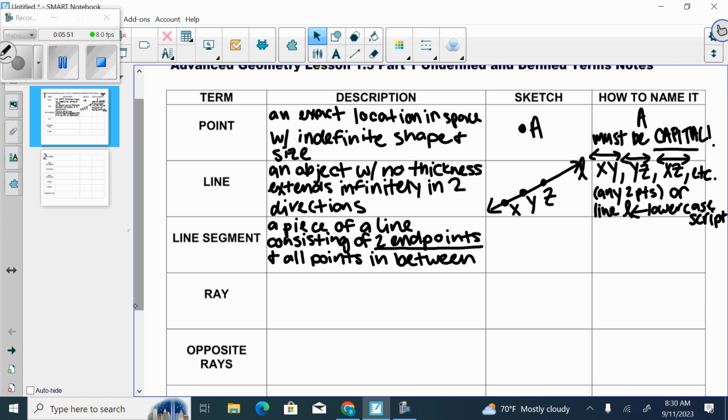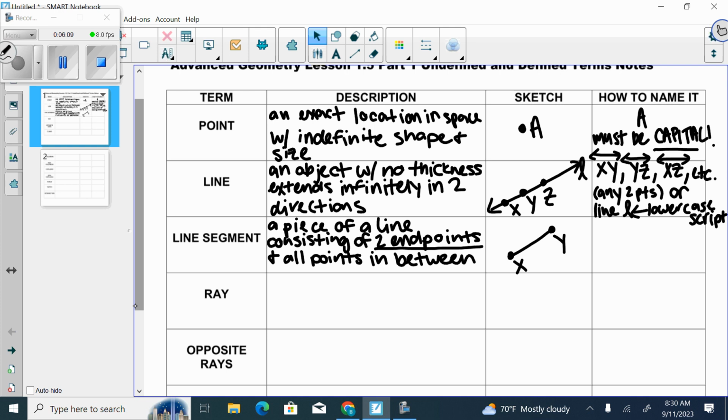Alright, so our line segment has 2 points on either end. I'll call them X and Y. And there could be some points in between them. Doesn't have to be, but there could be.